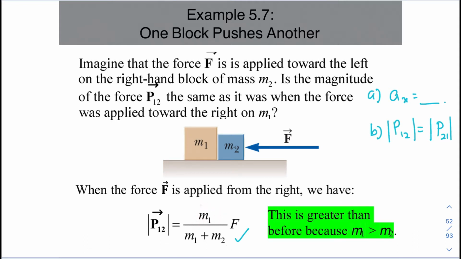Since we know that M1 is greater than M2, what will happen if this one is bigger? The P12 is also going to be bigger in amount, or greater. That is the answer.